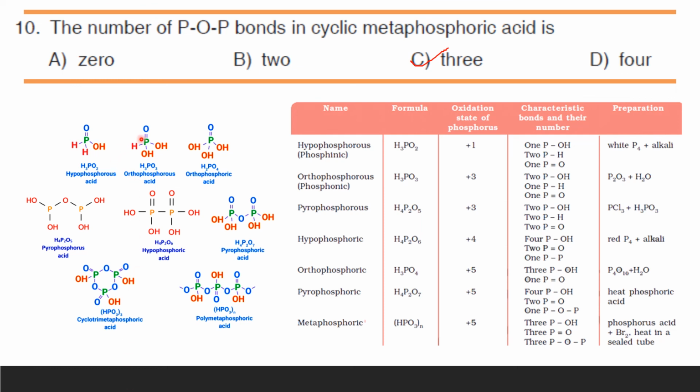Now, another important point regarding the structures of these phosphoric acids is that in some questions, you'll be asked to find the oxidation state of the phosphorus atom. I think you might know how to calculate the oxidation state. I'll just work out one for your attention.